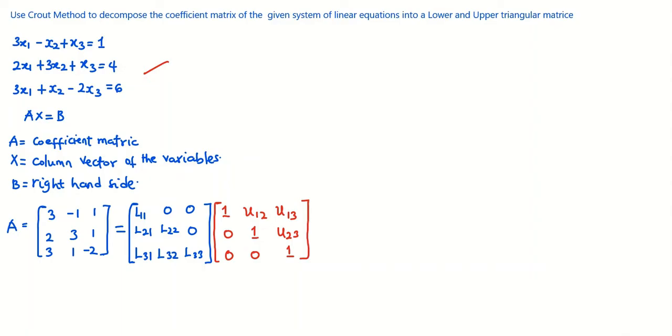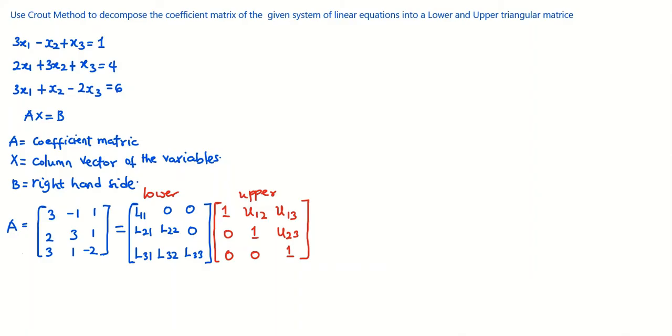So this will be the coefficient matrix for the equations that were given. I'm going to decompose this into a lower triangular matrix and then an upper triangular matrix, that's the product of a lower triangular matrix and an upper triangular matrix. Let's look at how you are going to do this.